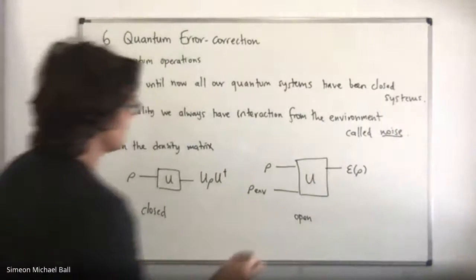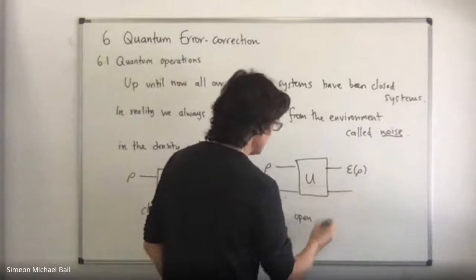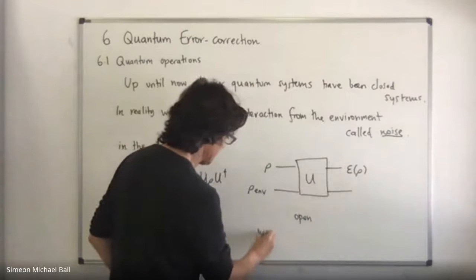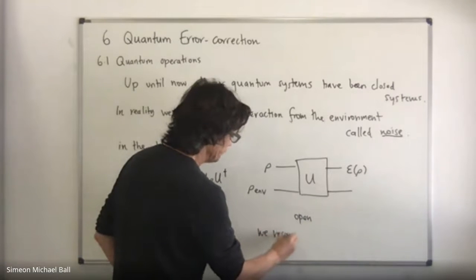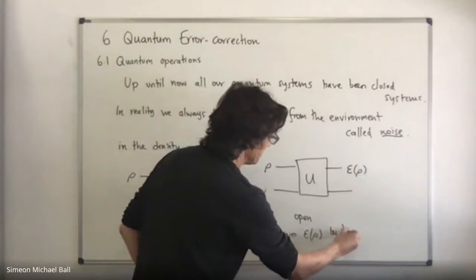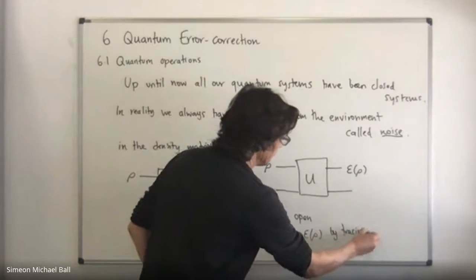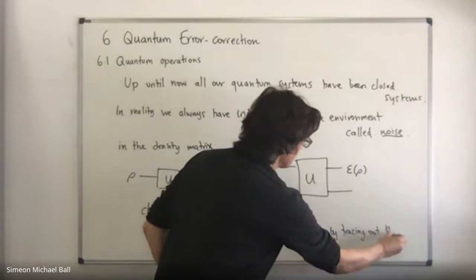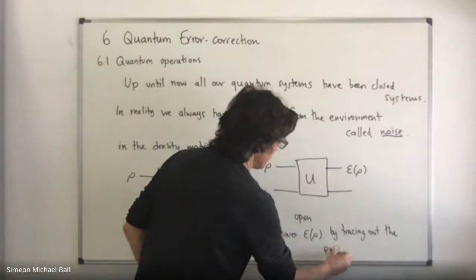So to get this curly E of rho, we recover this rho by tracing out the environment.